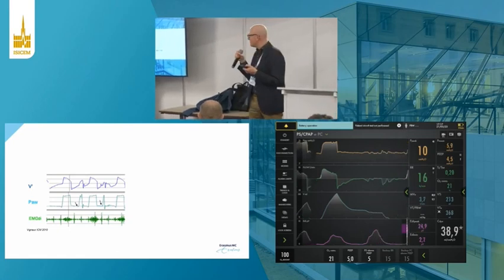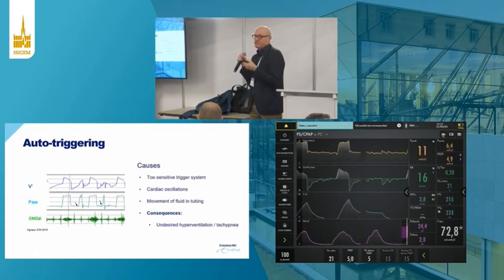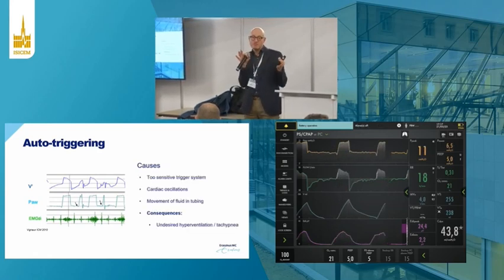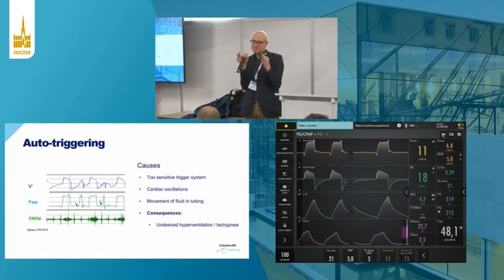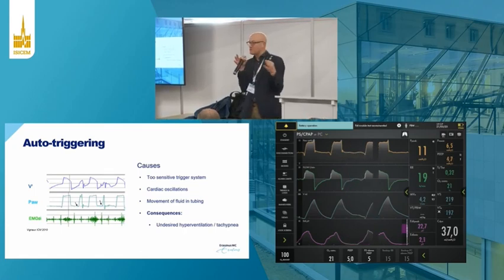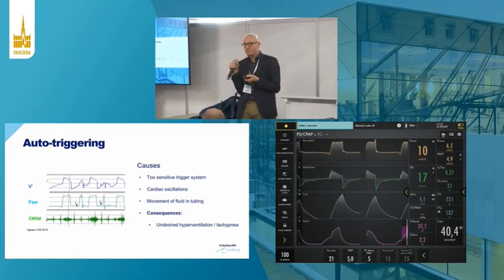And we'll speed up a little bit. And you'll see that if the trigger is too sensitive, cardiac activity, changes in intrathoracic pressure due to cardiac activity, could trigger the ventilator, right? Movement of fluids in the tubing could trigger the ventilator and could result in hyperventilation.